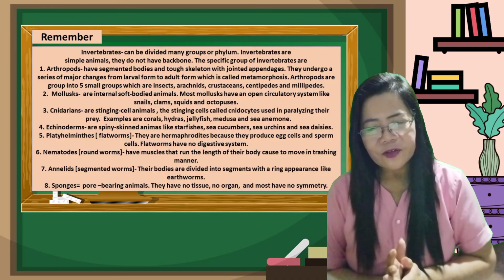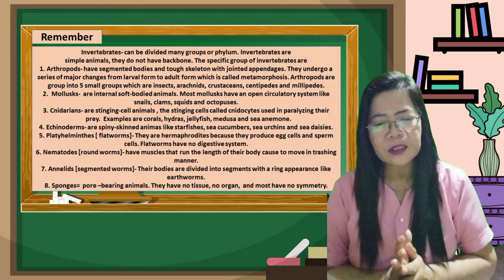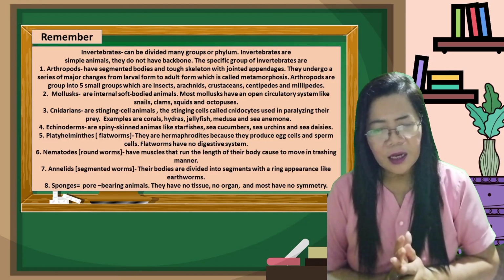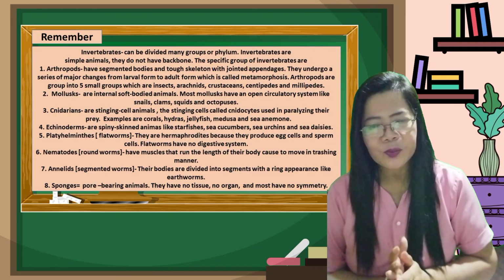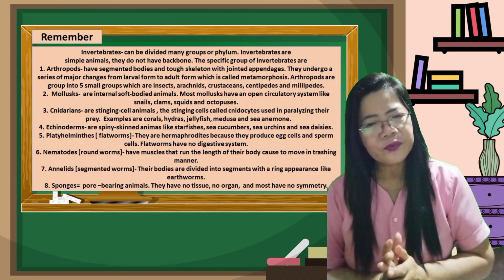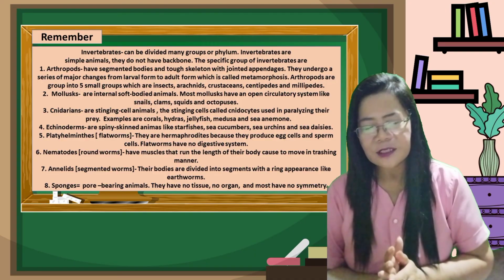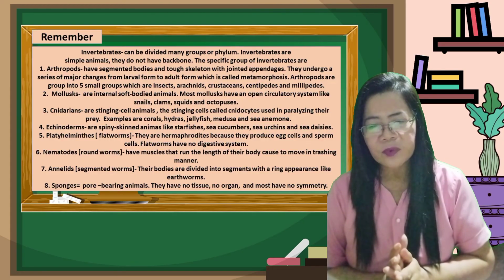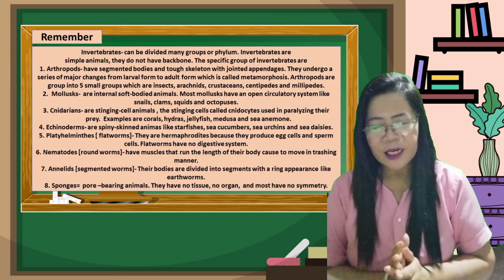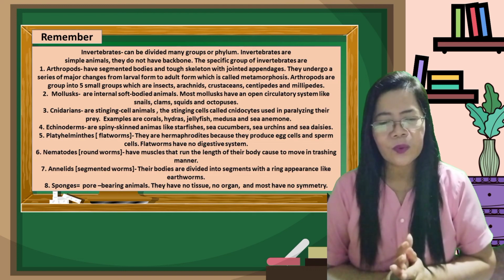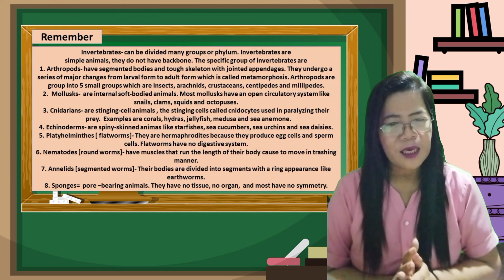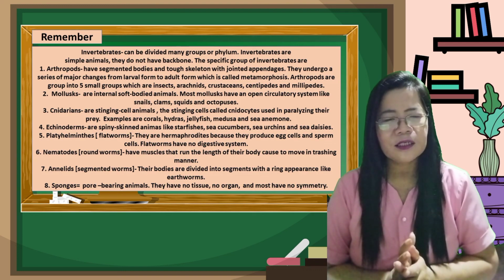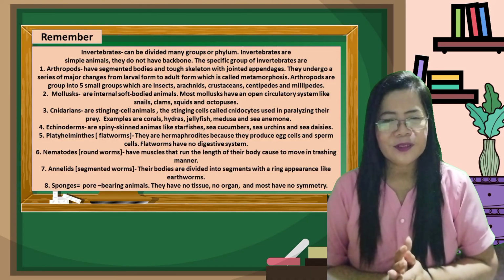Their bodies are divided into segments with a ring appearance, like earthworms. The eighth group of invertebrates are sponges. Sponges are pore-bearing animals. They have no tissue, no organ, and have no symmetry. So they are the different groups of invertebrates.